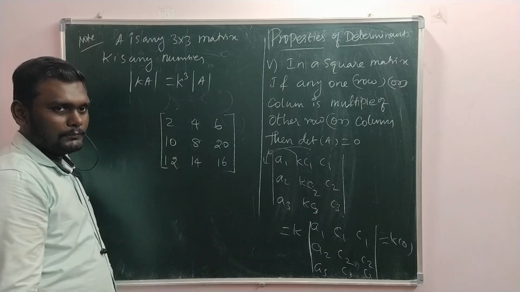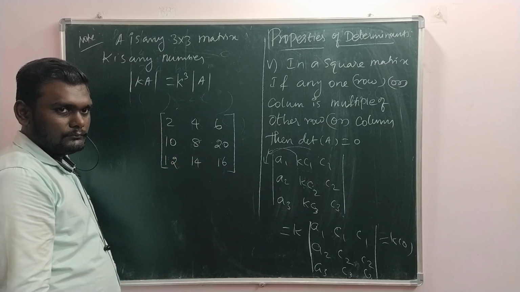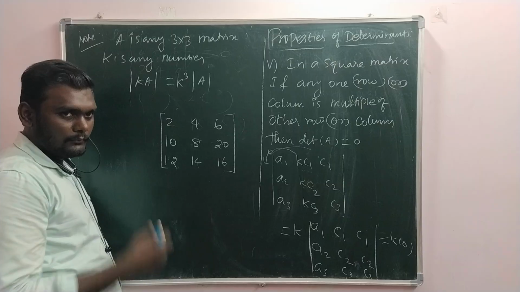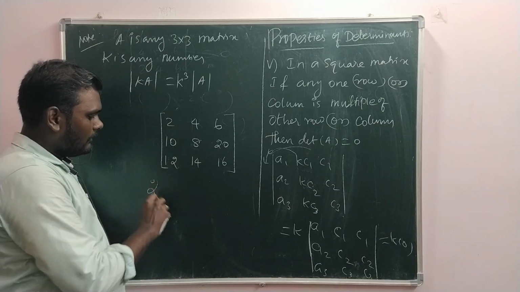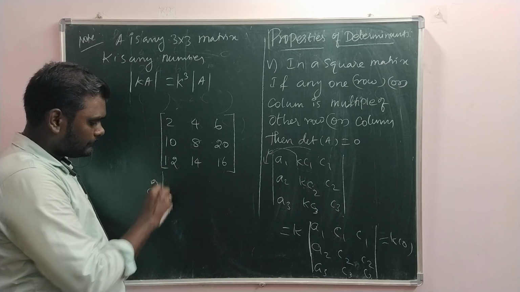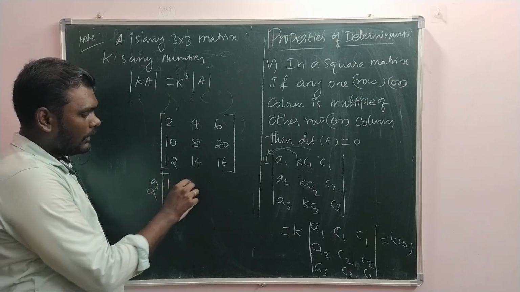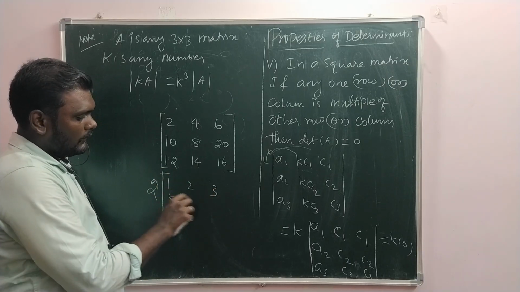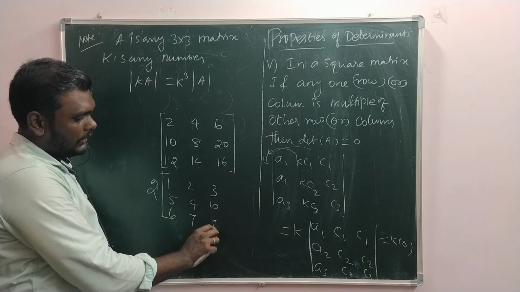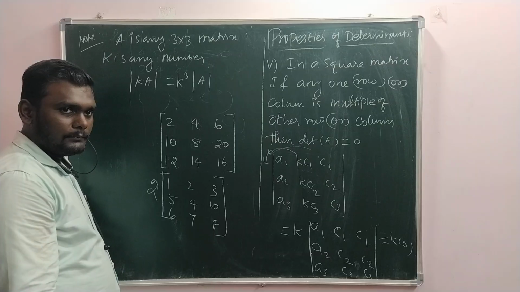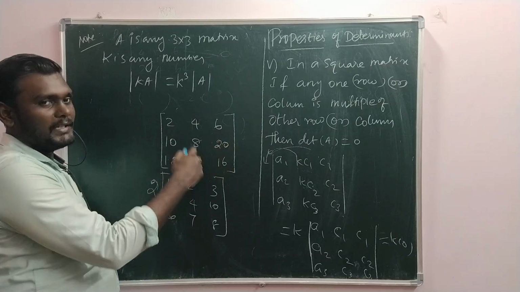All are multiples of 2. Is it or not? So this can be written as 2 into this matrix: 1, 2, 3, this is 5, 4, 10 and this is 6, 7, 8. So this is what K into A means.